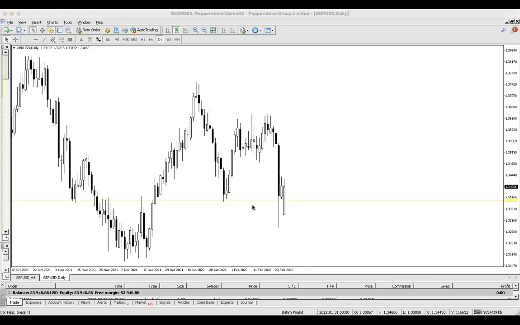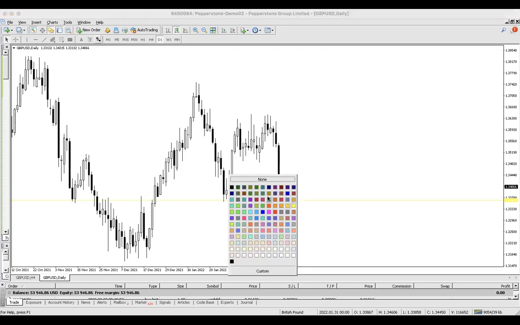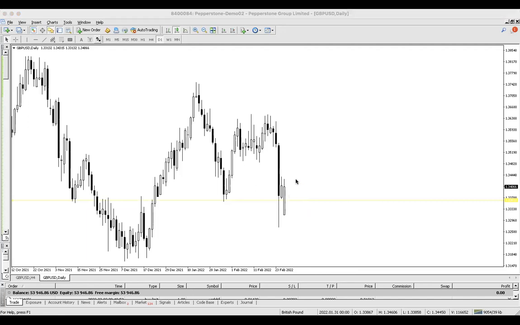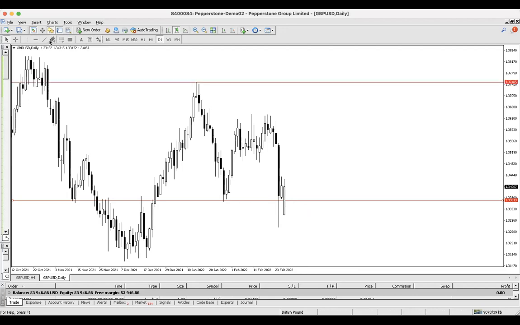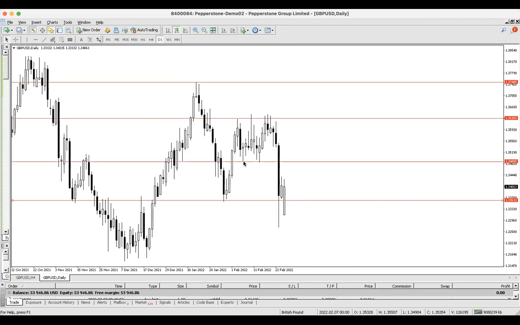Let's make this red so that you can see it. This is where price turned, right? And again, price turned here, and again here, and again here, and again here.